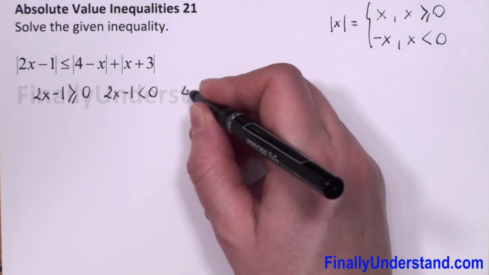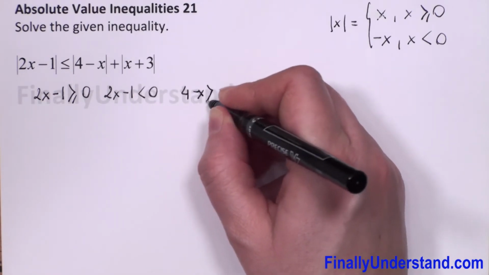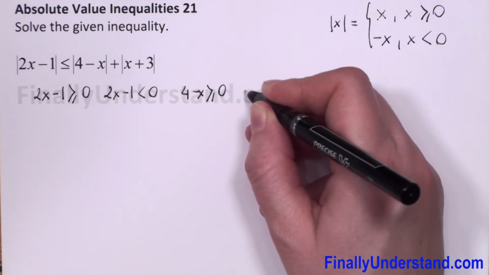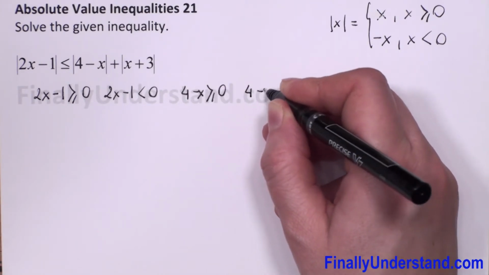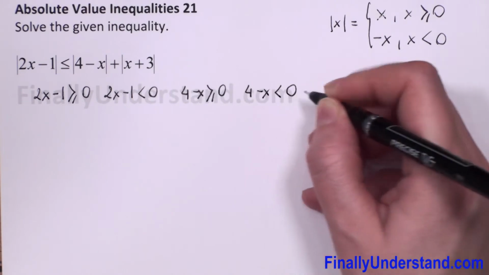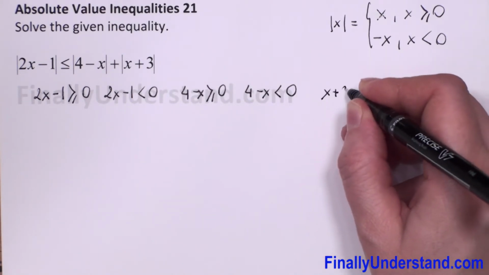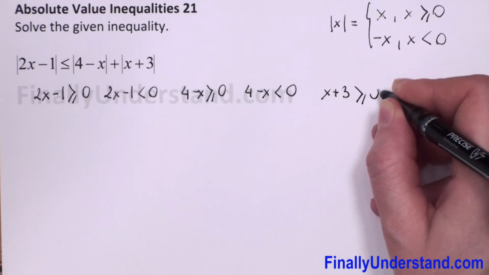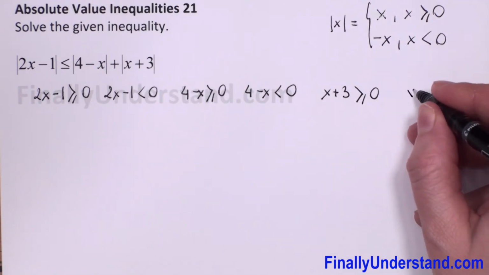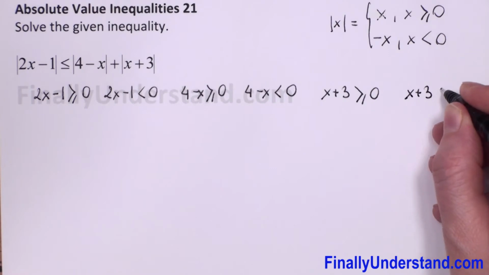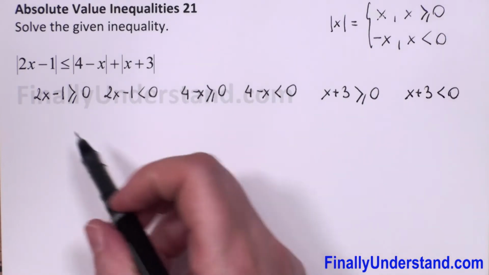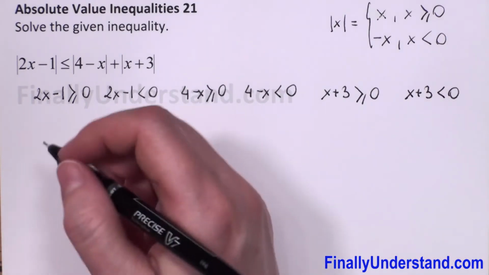So we have 4 minus x greater than or equal to 0 and 4 minus x less than 0. And the last absolute value is x plus 3 greater than or equal to 0 and x plus 3 less than 0. Let's solve these inequalities.